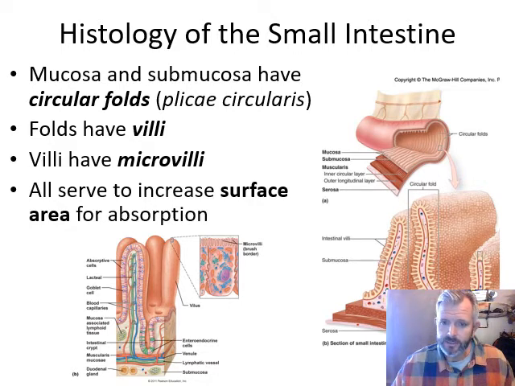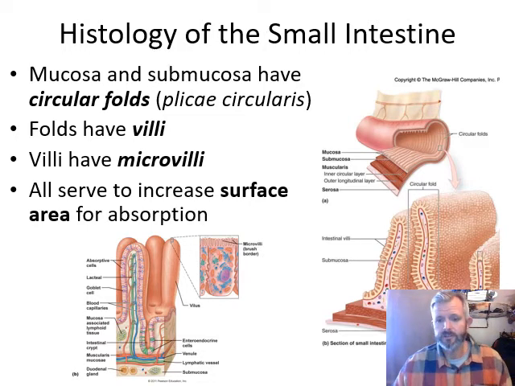And then if we took a snapshot of that, you would see we have these villi on here. You can kind of see the villi here. And then on those villi we have these microvilli. So you see we have fold upon fold upon fold. We have basically 3 layers of folding, and that greatly increases our surface area.